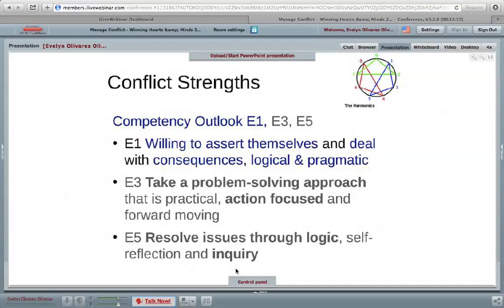If you have someone on board who is an achiever, they take a problem, they look at a problem-solving approach to it, a very practical approach, they're very action-focused, and they just move forward. If you have someone on board that's a 5, an observer, or the sage, they resolve issues through logic, self-reflection, and inquiry, and they will go in their own time and do their own research until they think that yes, this is the way to go forward.